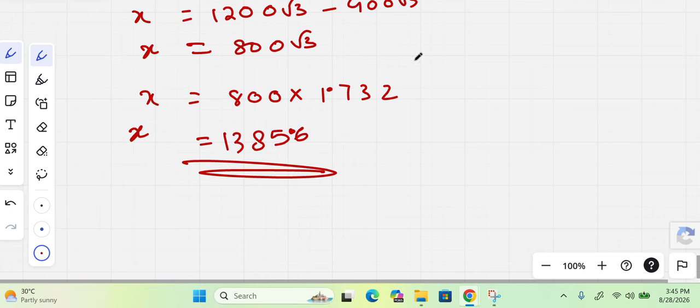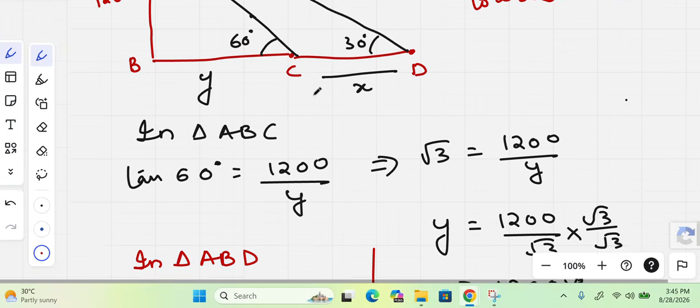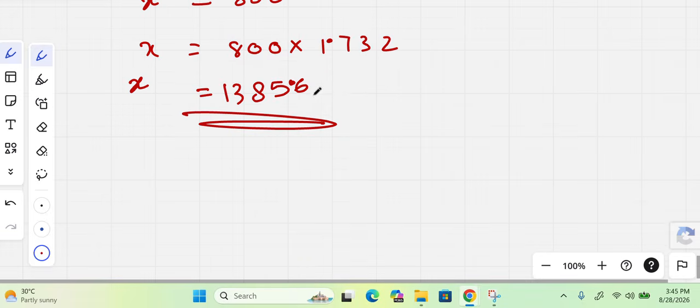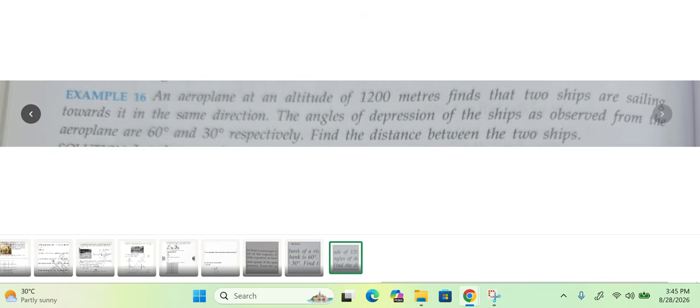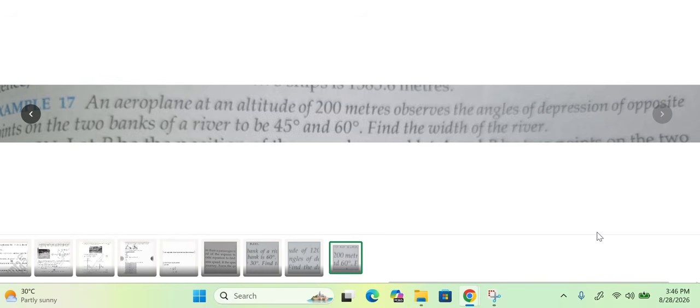Guys, have you all written it down? Is anybody remaining? Yeah, please do this. Then one more is there. Then this also, CBSE board paper questions we will definitely do. Speed up, okay?